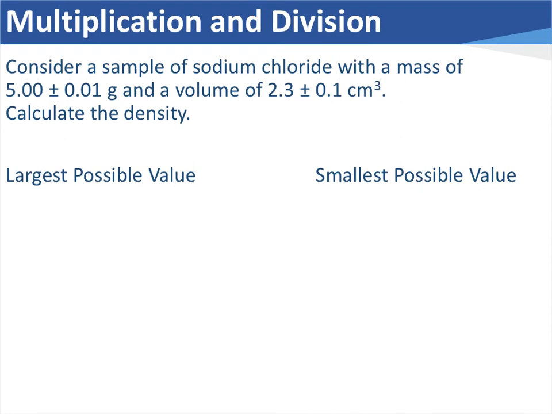Now let's talk about multiplication and division. I want you to consider a sample of sodium chloride with a mass of 5.00 plus or minus 0.01 grams and a volume of 2.3 plus or minus 0.1 centimeters cubed. Calculate the density. Density is mass over volume. The largest possible value would have a mass of 5.01 grams and a volume of 2.2 centimeters cubed.